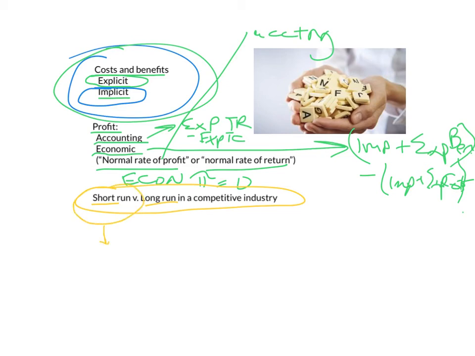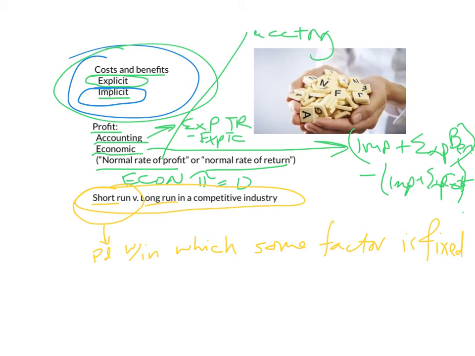So short run is defined as the period within which some factor is fixed. And it's possible in the short run to be earning a positive economic profit, to be doing better than you would be doing in any sector.